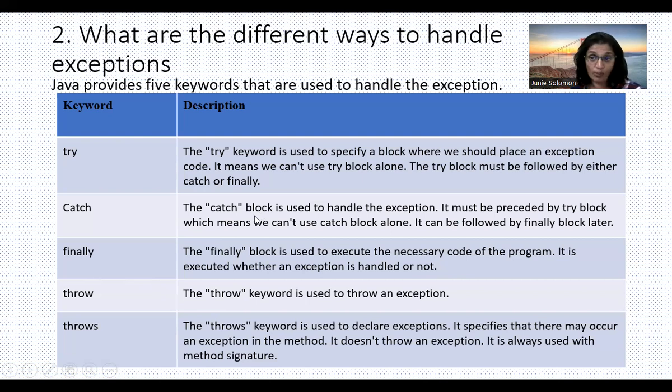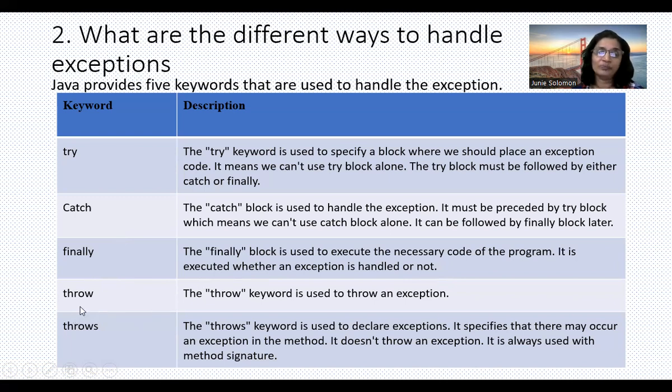If there is no problem, it won't come to catch, then you have to write it after that, right? So 2-3 times you have to write. Instead of that, you write only once in finally. So whether there is a problem or not, in both cases finally will execute. So that is the use of finally.